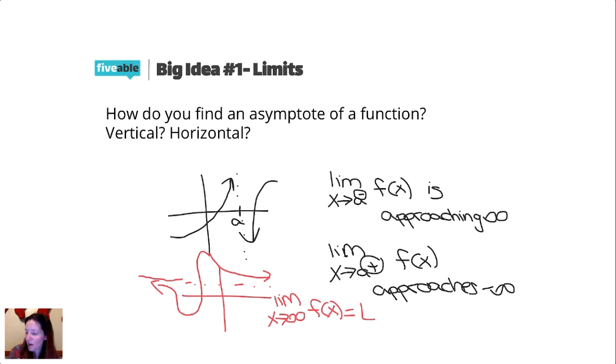So we could say that at y equals L, we have a horizontal asymptote. We also could check at negative infinity, right? That could give us the same horizontal asymptote or a different one. Your vertical asymptotes are going to have an x value. So x equals a is going to be your vertical asymptote.